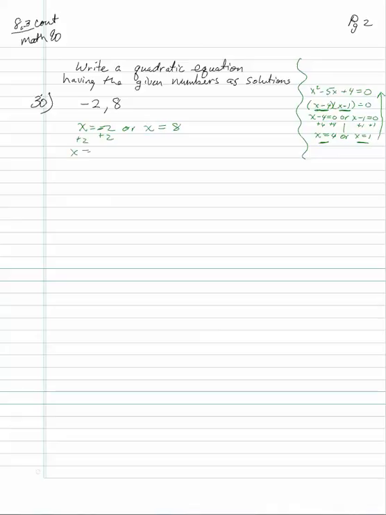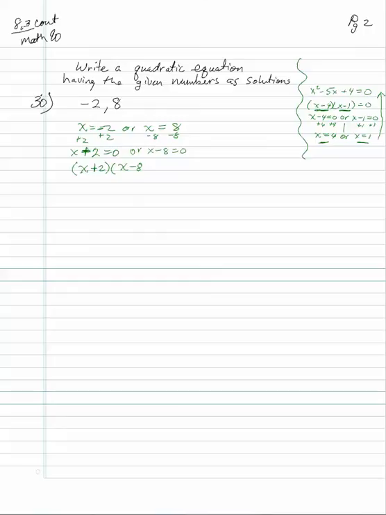X plus 2 equals 0. X minus 8 equals 0. Then we're going to put it together. X minus 2, x minus 8. Oh, I'm sorry, that should be plus 2, right?